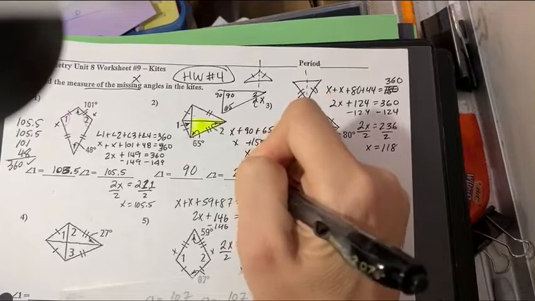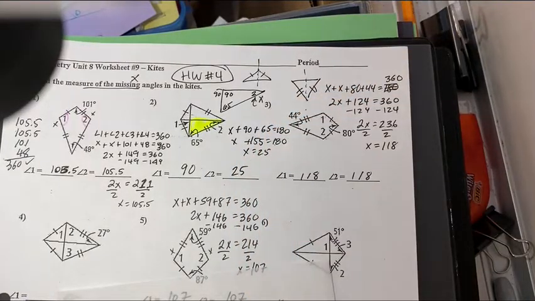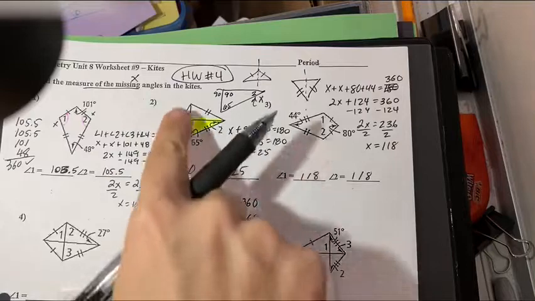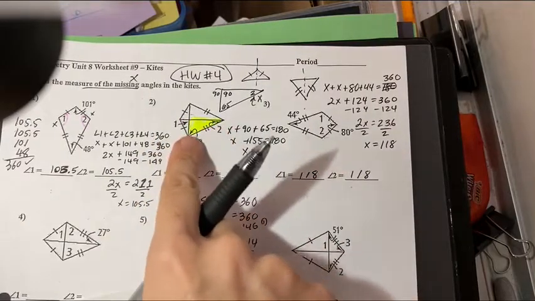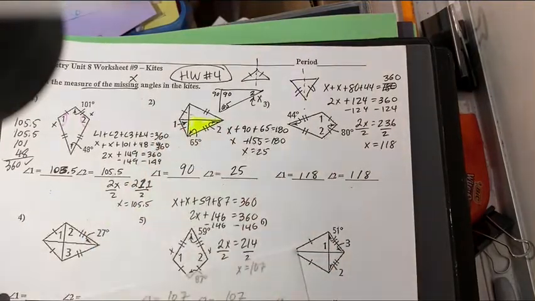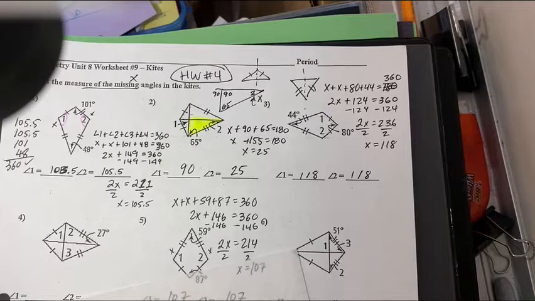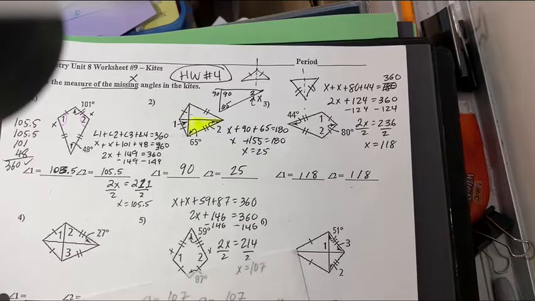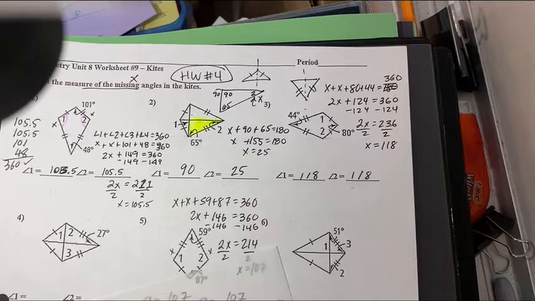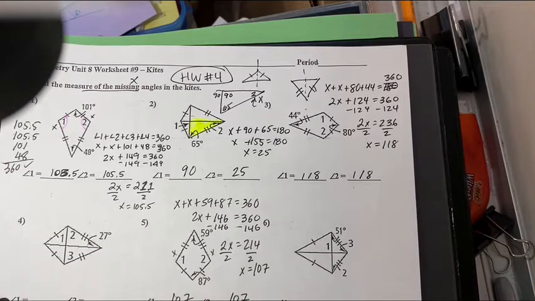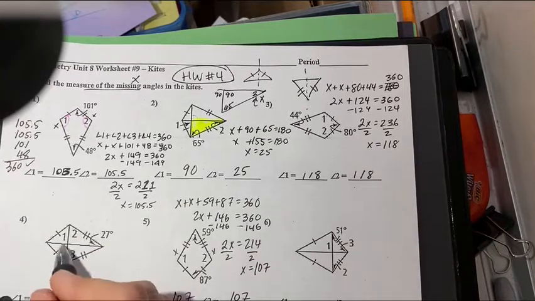All right, so I get X is equal to 25. Just double checking, 25 plus 65 plus 90 should all add up to 180. Yep, I get 180.